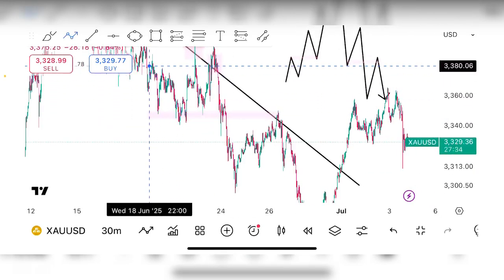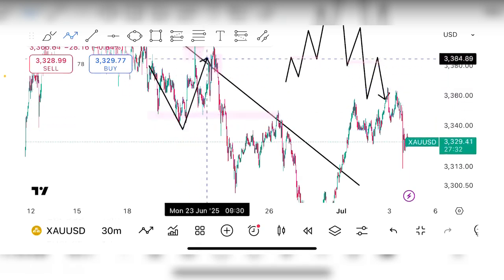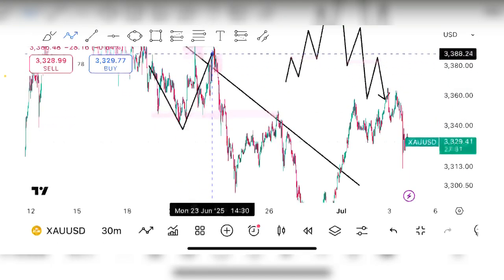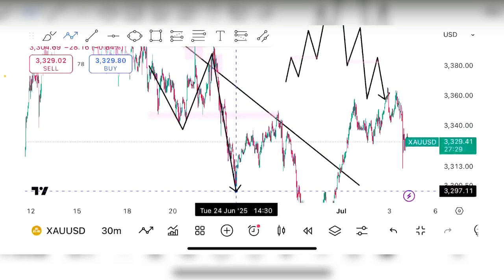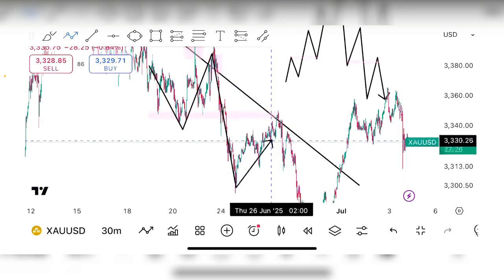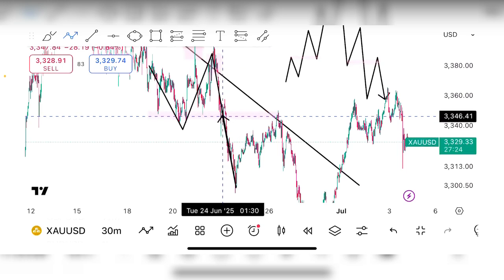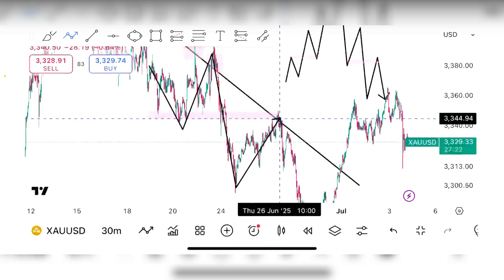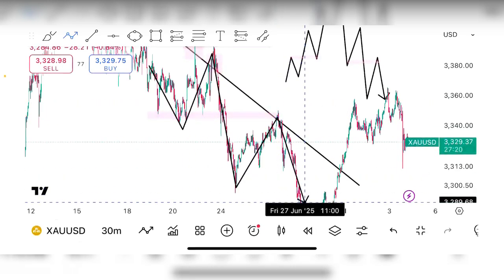Let me zoom this in a little bit. Let's say price did something like this, broke past the former support. By the time price comes back again, we know price will come back to retest the support. Then we can start taking our sell.